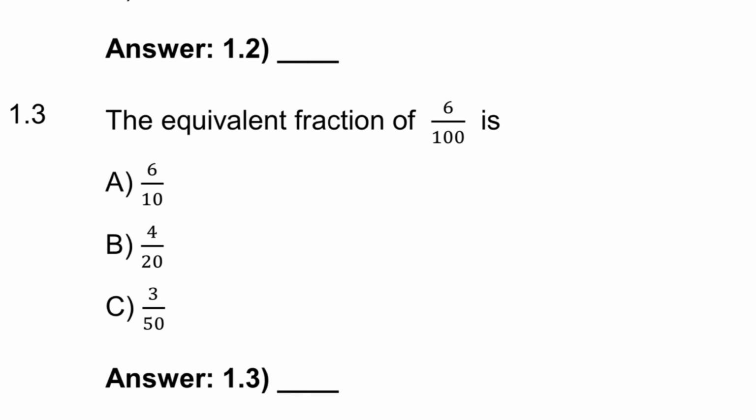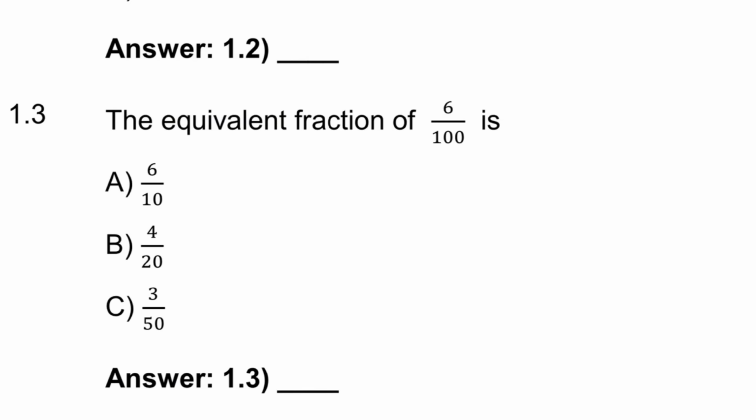1.3. The equivalent fraction of 6 over 100 is 6 over 10. Again, that is not equivalent. They are not equal. Equal and equivalent means the same thing. So A is out. B, 4 over 20. That is also incorrect. And then you have C, which reads 3 over 50.